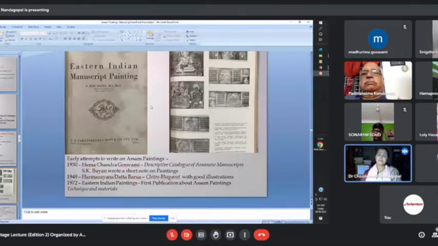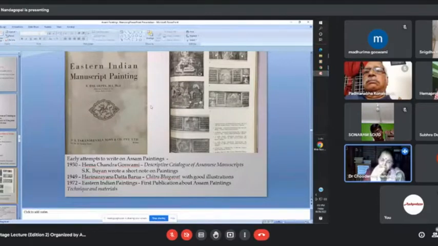The early attempts to write on Assam paintings go to the time of 1930. Hemchandra Goswami wrote a descriptive catalogue of Assamese manuscripts. He was not talking about the illustrated ones, but general Assamese manuscripts. But S.K. Bhuyan wrote one short note on painting.